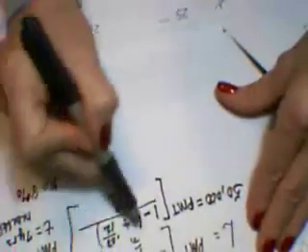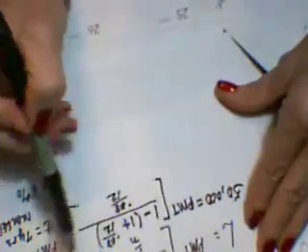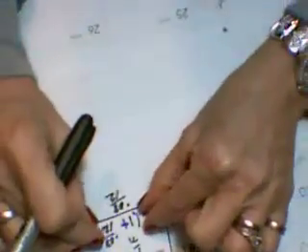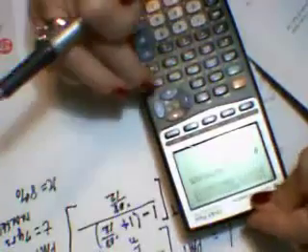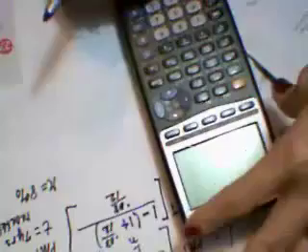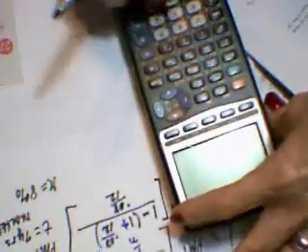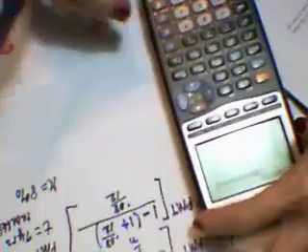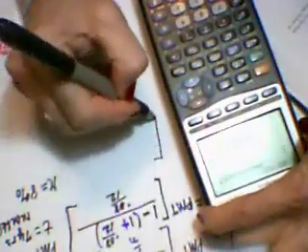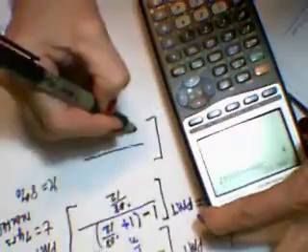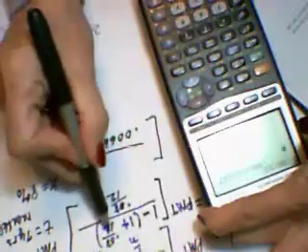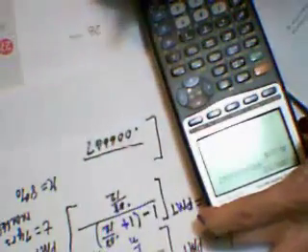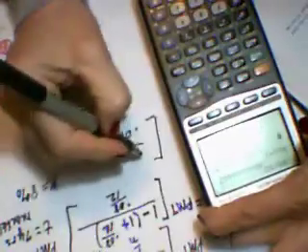Be careful in your calculations. Remember, I do what's in the brackets, but I do what's in the parentheses first. So I have to divide .08 divided by 12, so I can put that in the denominator. And I can go ahead and add 1 onto that for the numerator.